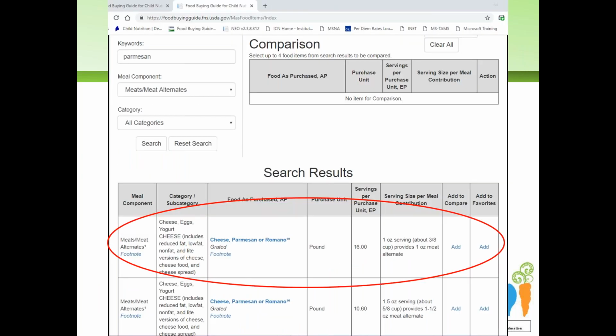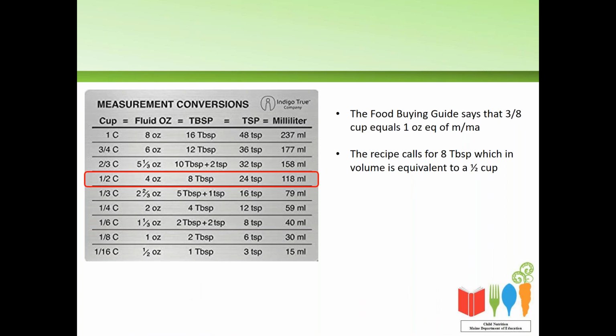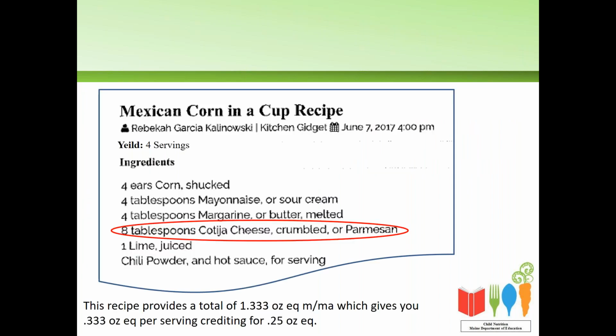Next, we're going to look at the cheese. According to the food buying guide, a 1 ounce serving, or approximately 3/8 of a cup, will provide you with a 1 ounce meat alternate. This recipe called for 8 tablespoons, which in volume, according to this measurement conversion chart, is about a half a cup. So now we have a little bit of math to do.